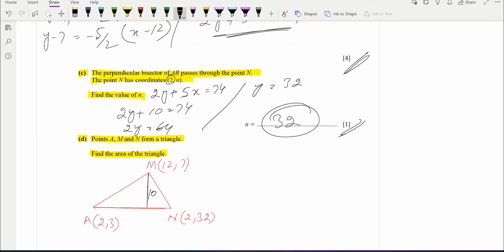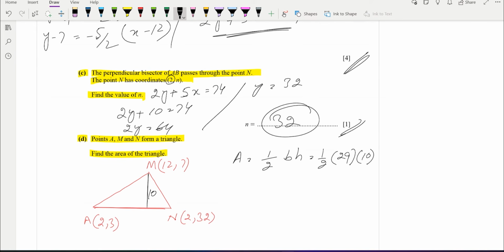Area of a triangle is equal to half into base into height, which is 1 by 2 into base, the difference between these values, 32 minus 3. 32 minus 3 will be 29, and the height is 10.